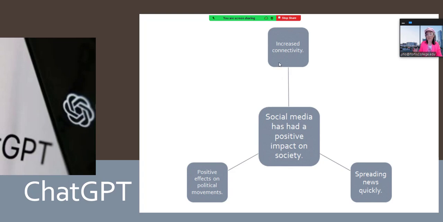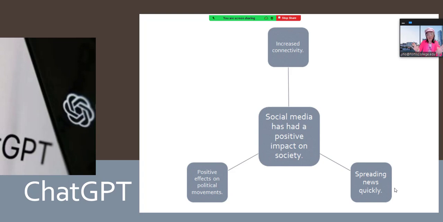In other words, social media gives you increased connectivity. That's going to be in your ChatGPT response. And then it would say that social media has positive effects on political movements and social movements, and social media spreads news quickly. Those are the positive effects of social media on society.